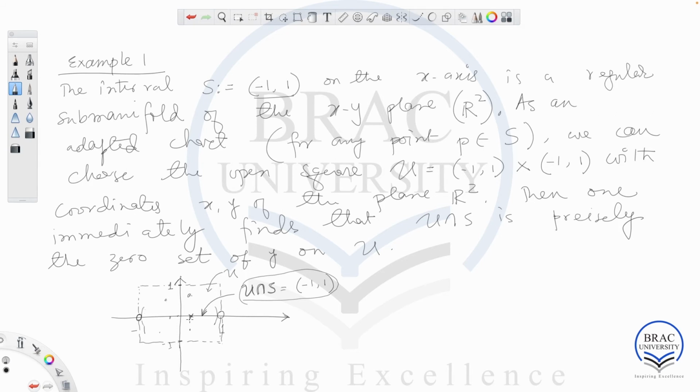Now I give you an example for this particular case, which will not be an adapted chart. So I need some room.